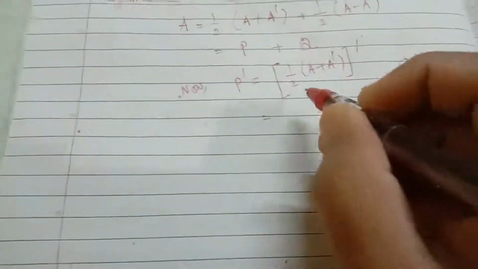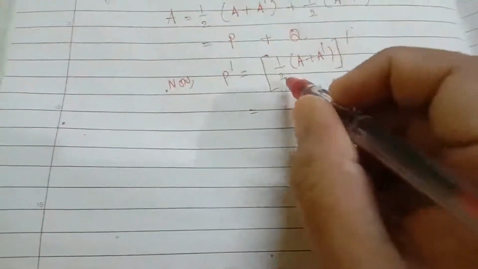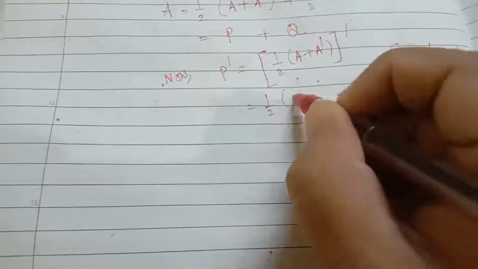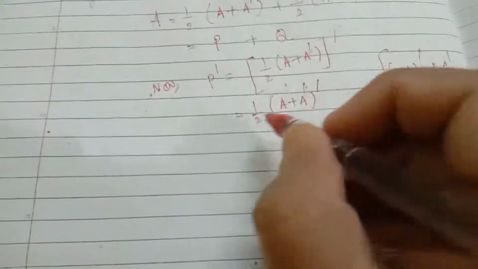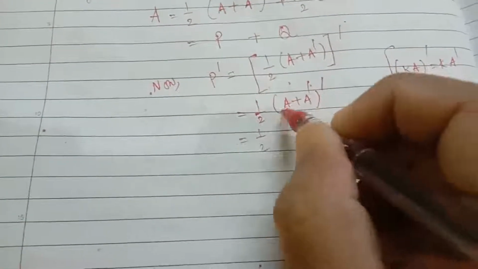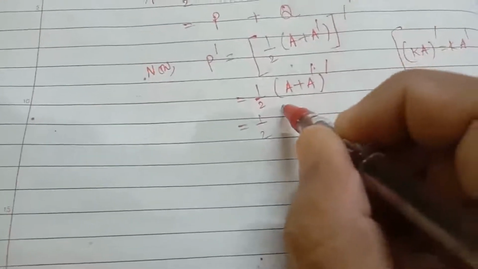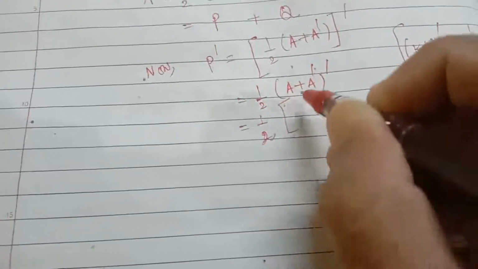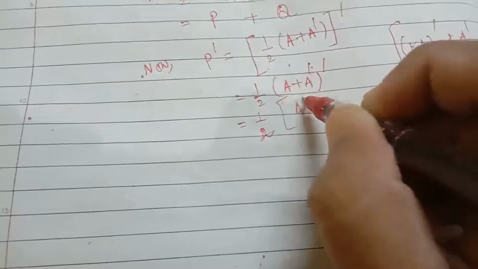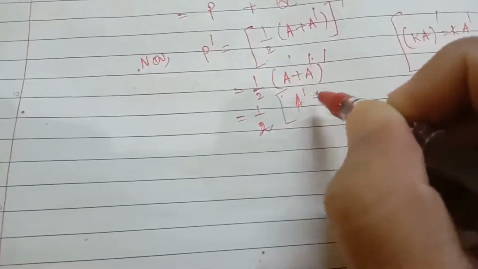By using this property, half is a scalar, it will be half A plus A dash whole dash. A plus B whole dash is equal to A dash plus B dash.